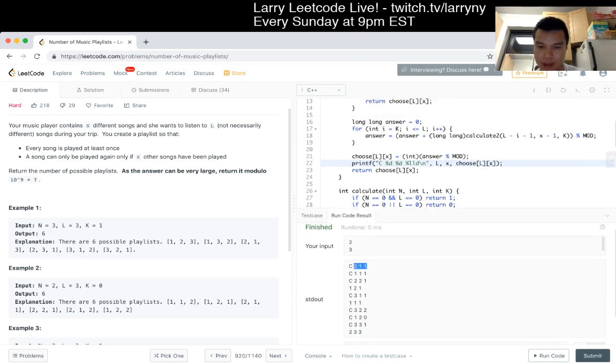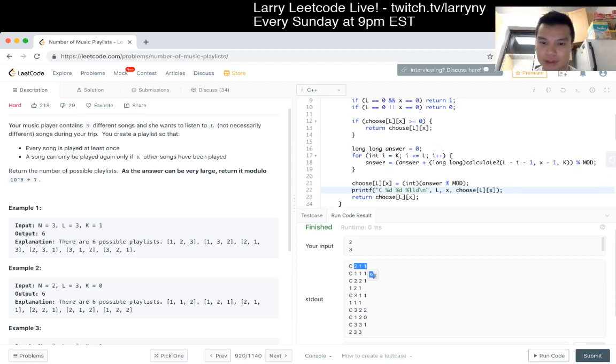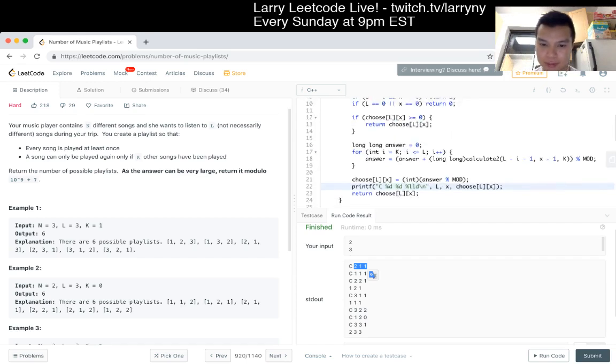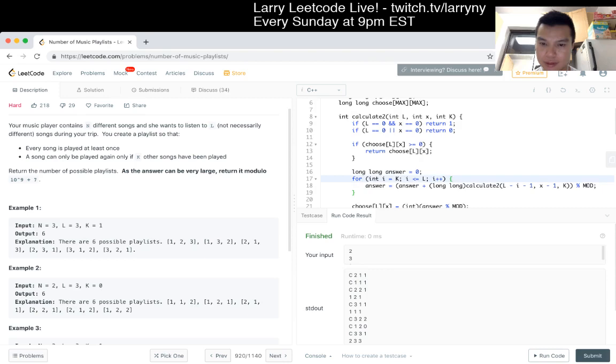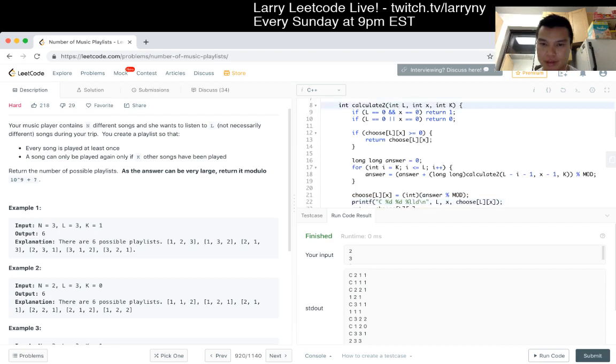So yeah, because this should be 2. Given 2. 6. Yeah, this should be 2. So, mm, 2, 1, 1.